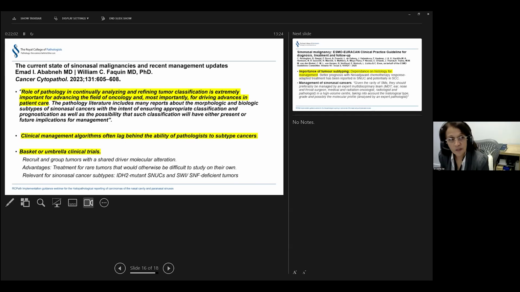But it's really important in the sinonasal region because this is a unique region where you have many unusual tumors, and it's quite challenging to have clinical trials due to the rarity of the tumors. So they do suggest trying to group these tumors based on their shared molecular alteration, so they can develop some management algorithms. So it again highlights the importance of trying to subtype the sinonasal tumors, especially the undifferentiated carcinomas.